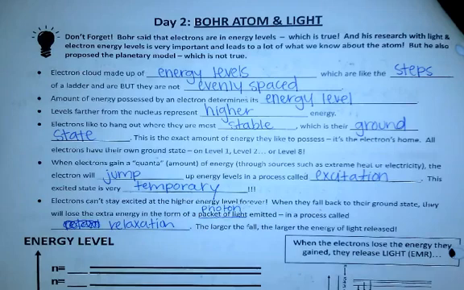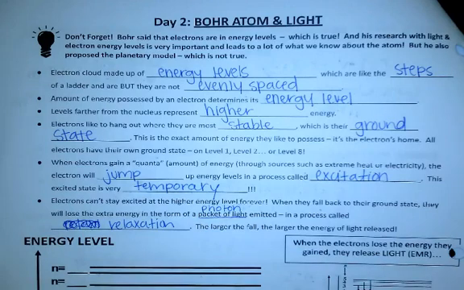These are not their ground state, and so they're going to fall. Now, when they fall, energy is going to be released in the form of a photon, okay? And this photon is what we can actually see. We see this in the form of light.